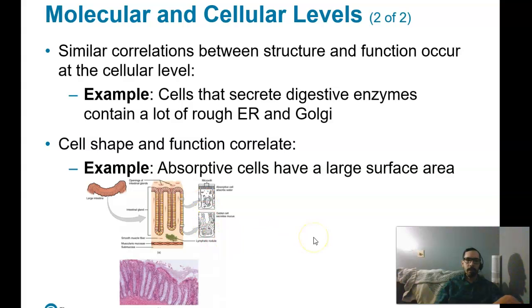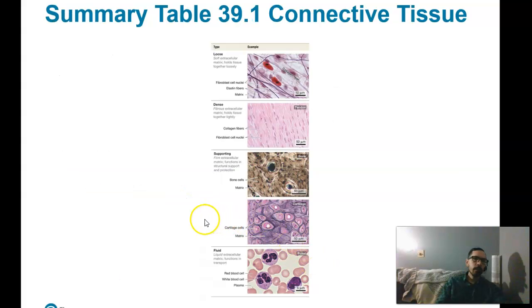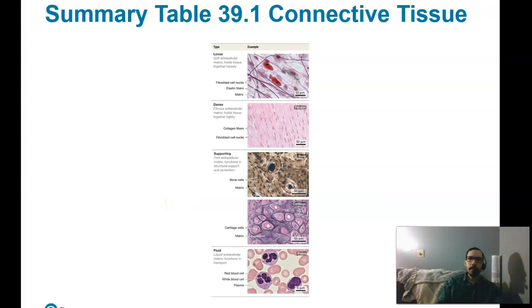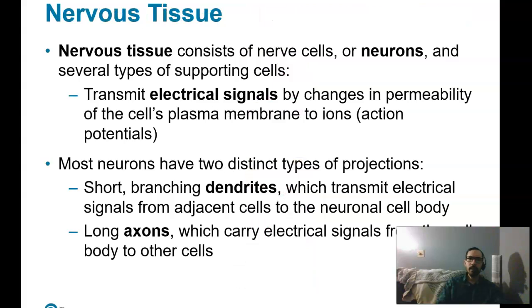So in the histology lab, you guys looked at simple columnar epithelium. So these are types of tissues that are found in the small intestine. So these are absorptive cells. Okay, and you can see that these cells have a large surface area. Okay, so we'll pause here and then we'll continue with the next video and we'll go into the different types of tissues.